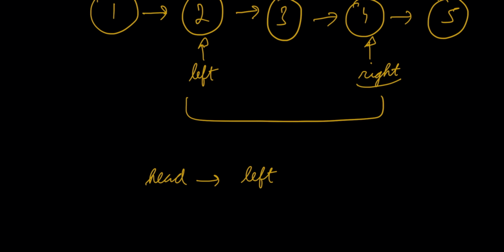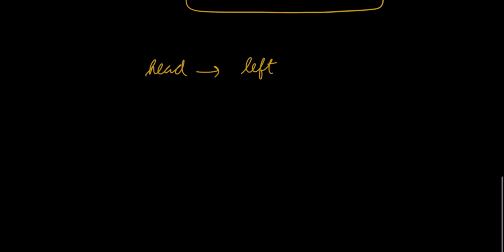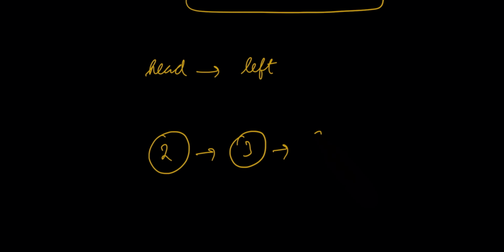Previously we covered how to reverse a linked list, and the way we reverse it was by iterating over the linked list, and once we reach the null node, we are done iterating. So here let's focus on our sublist 2, 3 and 4.